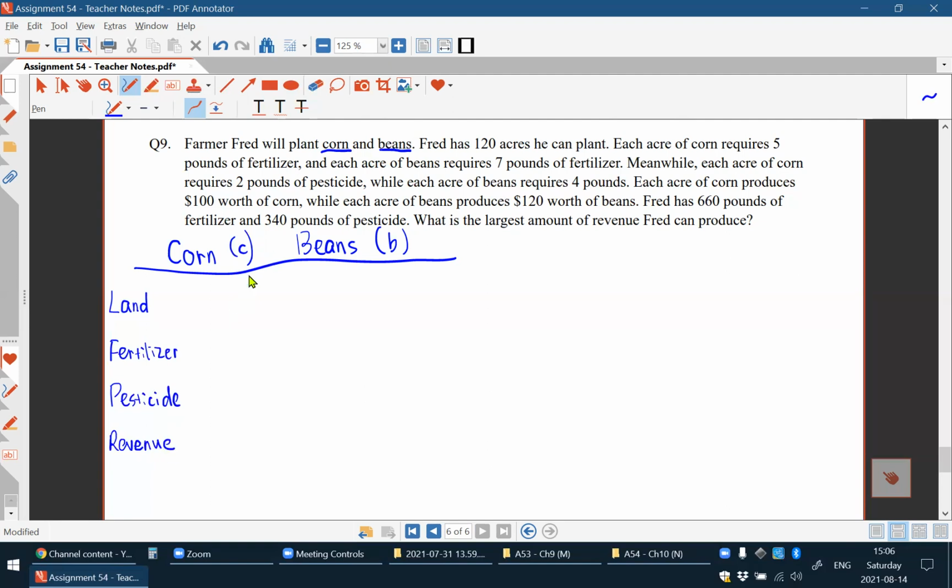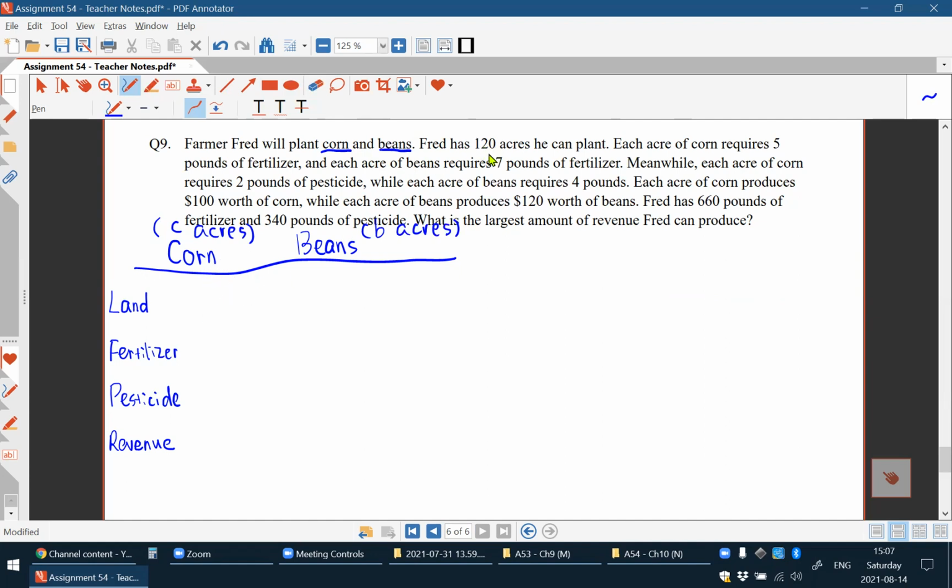Okay, so suppose Fred has planted C acres of corn and B acres of beans. How much land will the corn occupy?